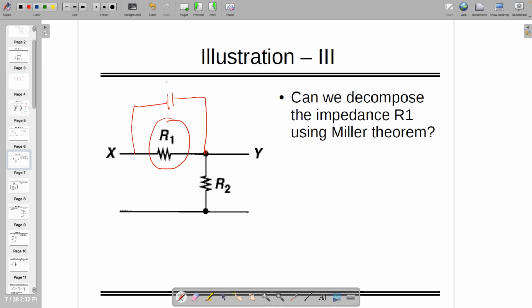Now tell me, can I decompose a capacitor into two parts? If you are giving this answer, it means you did not understand Miller theorem. Again, rethink. This is the same thing we studied in the past. Ajay, what do you think? Can we decompose? One answer we got: yes, we can. Sorry, no, we can't do that. What about a capacitor? Can we decompose?